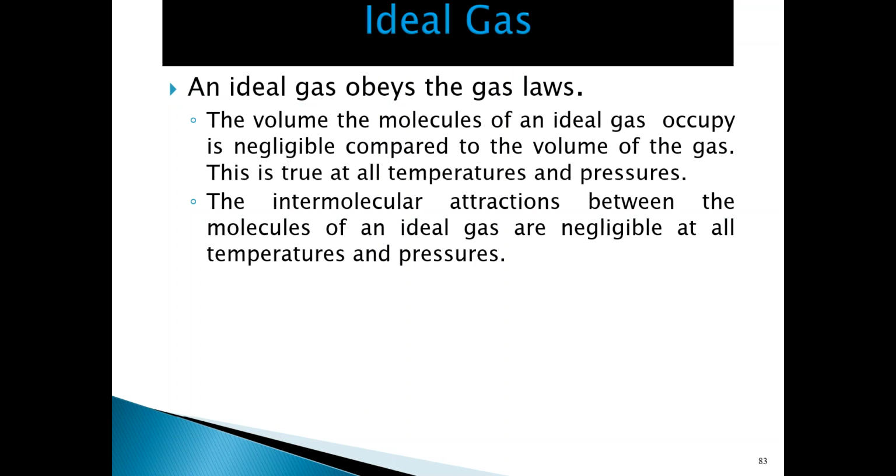Another characteristic of an ideal gas is that there are no intermolecular forces between the particles of the ideal gas. All right? So those are the two properties of ideal gases at the microscopic level. One, the volume of the gas particles is effectively zero compared to the container that they're in. And two, there are no intermolecular forces between the gas particles.